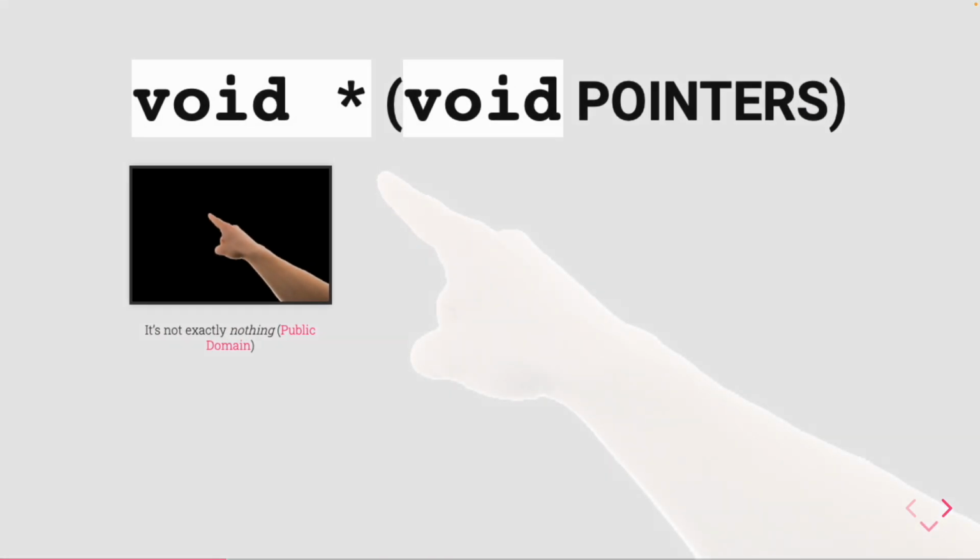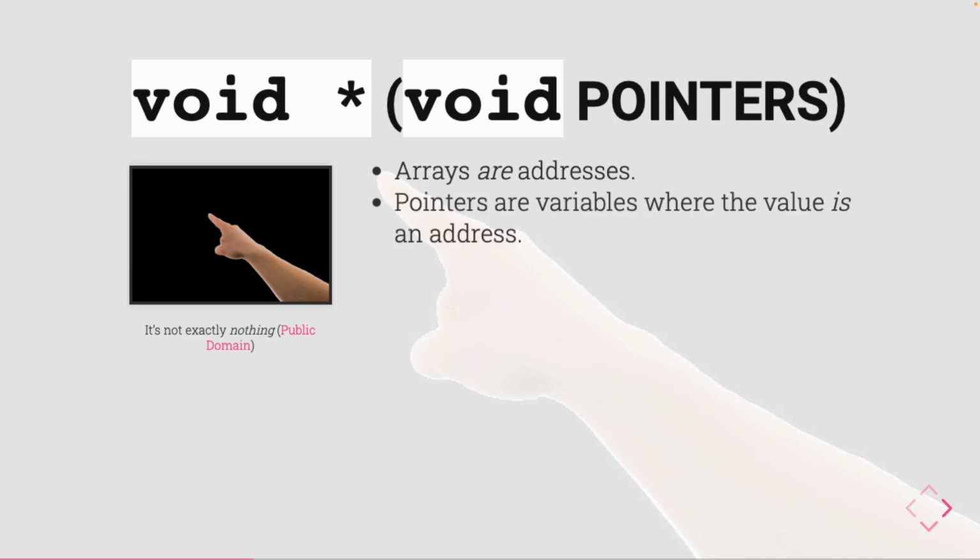So we need to talk about void pointers. As you know, arrays are addresses, and pointers are variables where the value is an address. So in assignment 2, you took int pointers to the peek and pop functions, and those were memory addresses to where an int is stored.